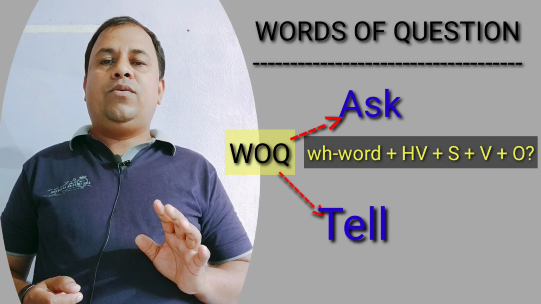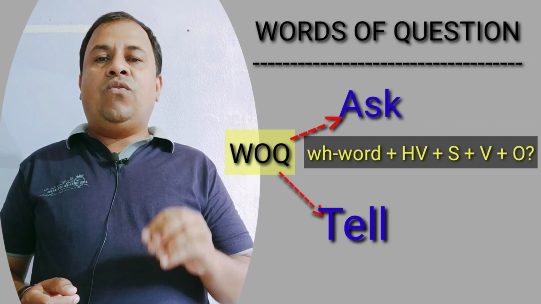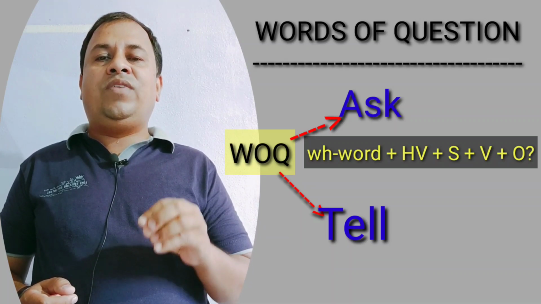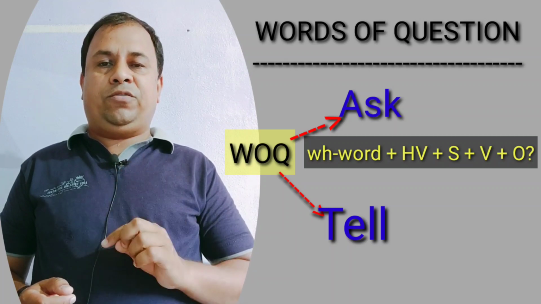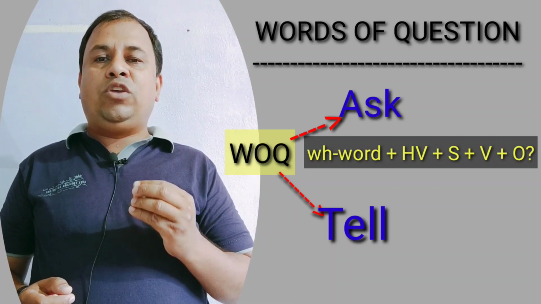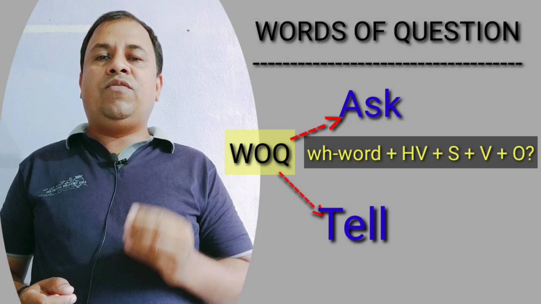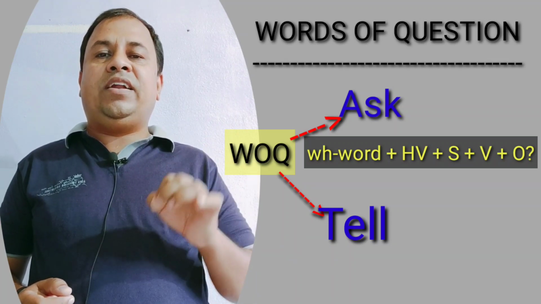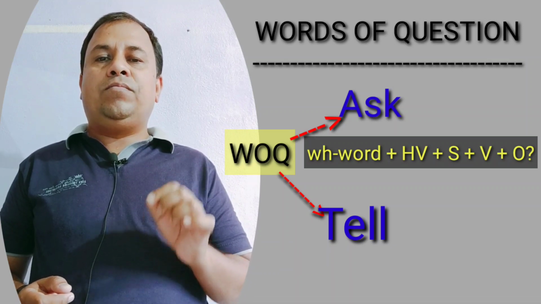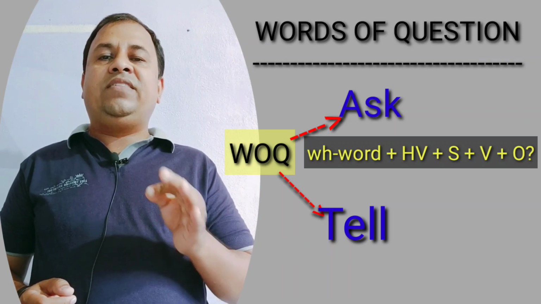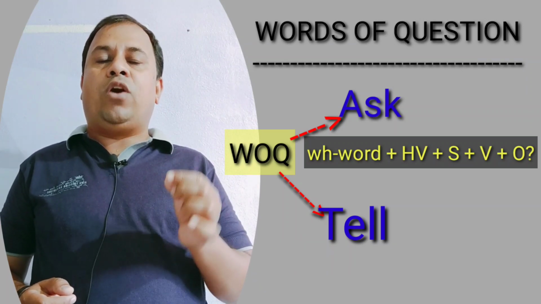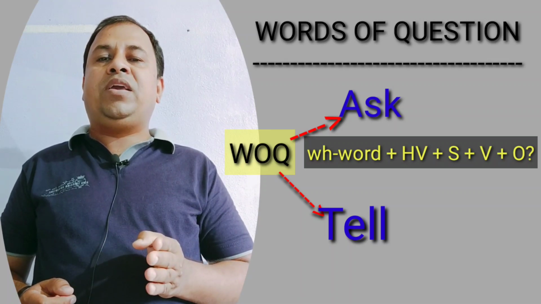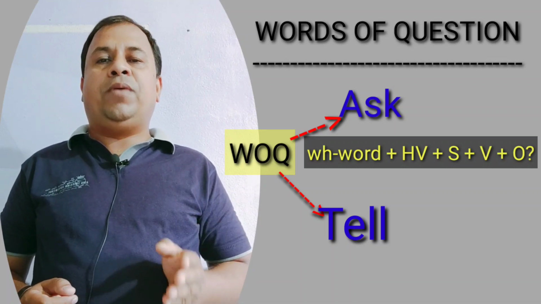and in the last there will be a question mark. Why? Because words of questions are always used before the subject. So whenever we have to use the words of questions, we will put these words before the subject. And if the sentence is in interrogative format, there will be a helping verb coming before the subject from the verb.